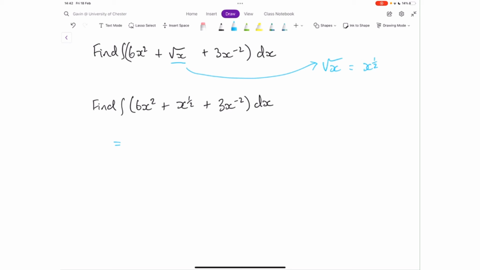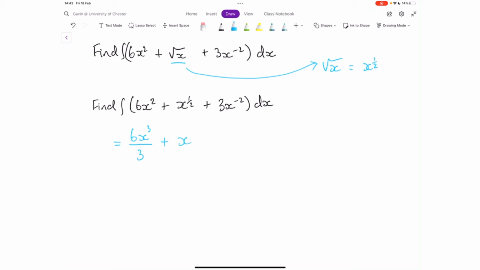So in the first bit, 6x squared, I'm going to add 1 to the power. So that becomes 6x cubed divided by the new power. In the second part, I've got x to the half. I'm going to add 1 to that, so it will become 1.5, but we're going to keep it as a fraction.